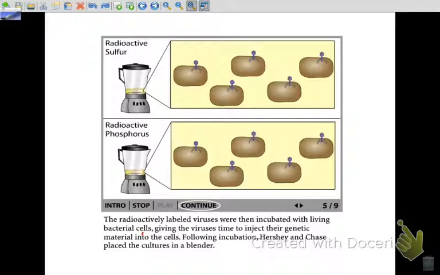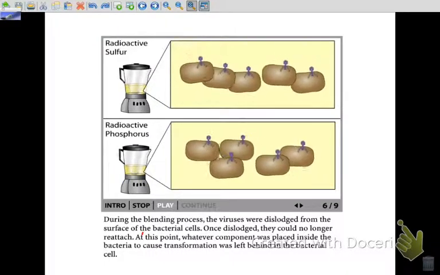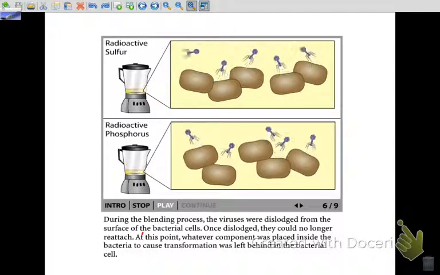Not exactly. You wanted to separate the cell from the viruses. So it shook the viruses off, and you can see it doing that right now. It shakes off the viruses because they only want to look at the DNA.